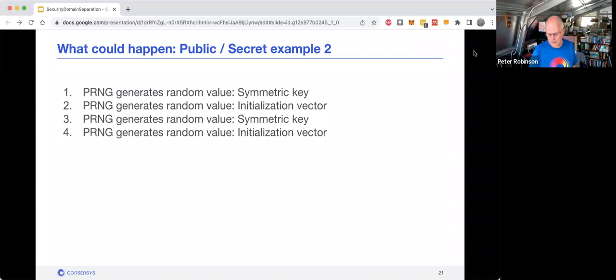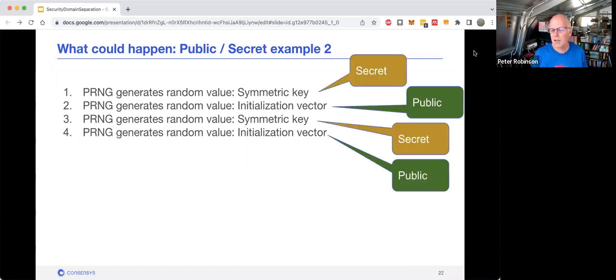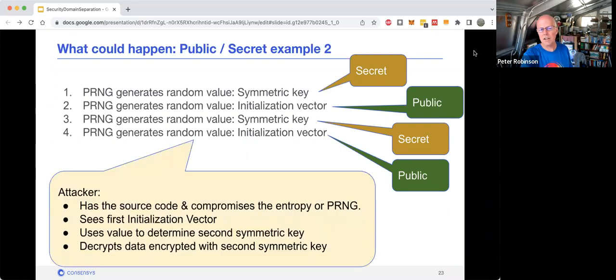As another example, say the PRNG was slightly harder, and you were generating the secret, then generating the public value, generating the secret, then generating the public value. Assuming that you can't wind the PRNG backwards, you can only wind forwards, you're still going to have a problem, because you could take value number 2, the initialization vector, and use it to work out the symmetric key.